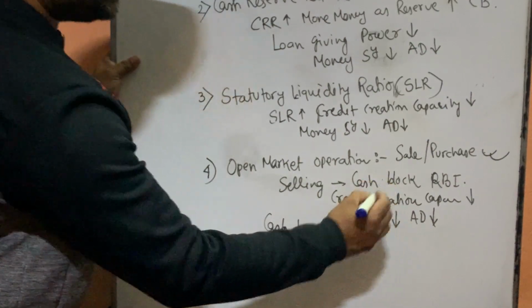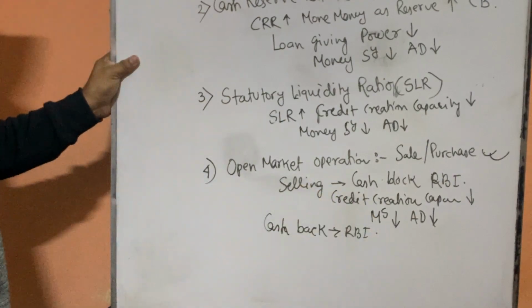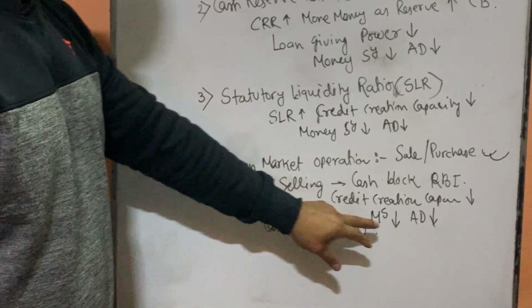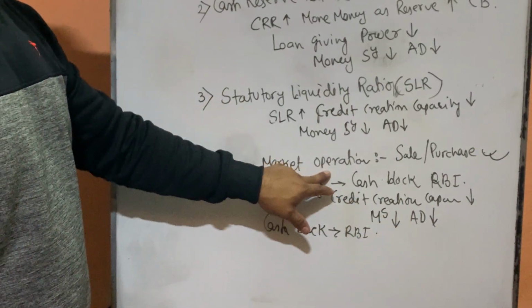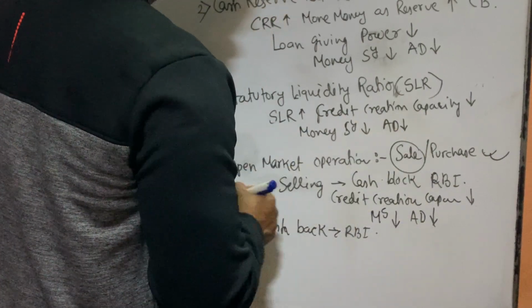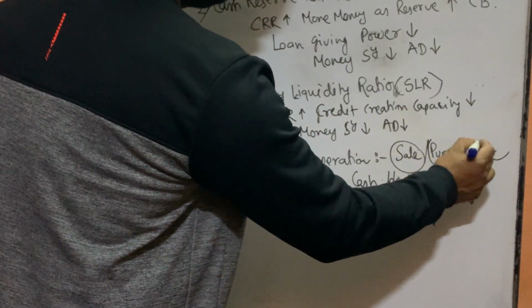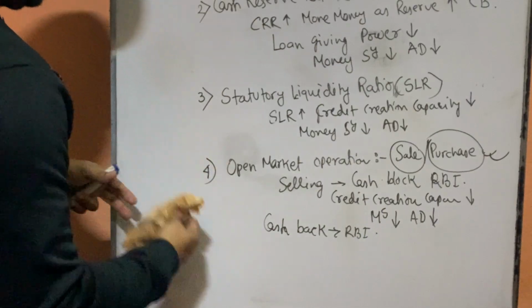Their loan giving capacity will increase and aggregate demand will rise. So during excess demand, the central bank starts selling securities. In deficient demand, the central bank starts purchasing securities. This is open market operation.